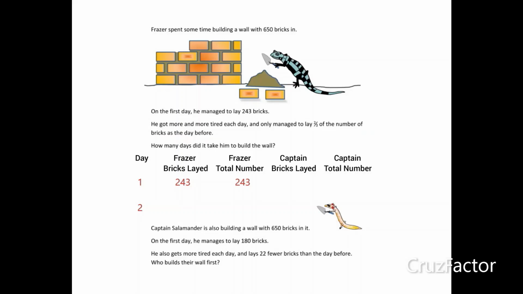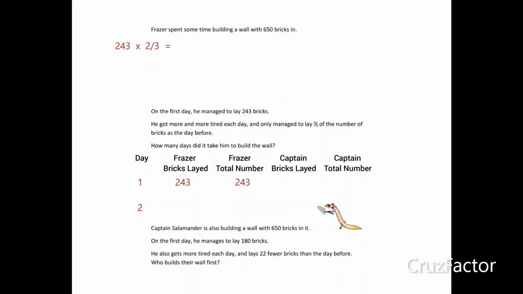Basically, you take 243 and multiply it by 2/3. What I did is I took 243 and multiplied it by 2, and that gave me 486. I then took that 486 and divided it by 3 to get the answer of 162.